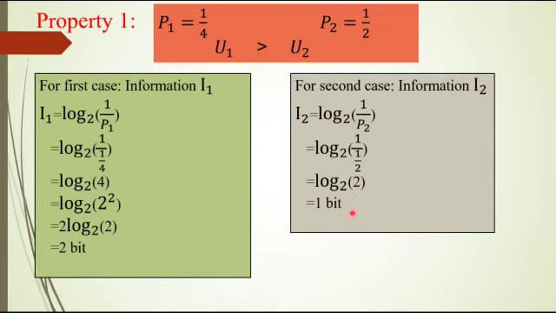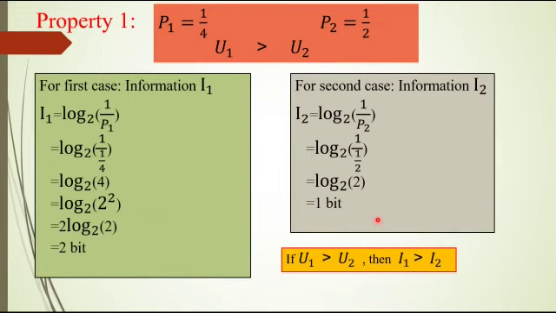Here you can clearly see that I1 is 2 bits and I2 is 1 bit. So I1 is greater than I2. If uncertainty is more, then information is more. So if U1 is greater than U2, then I1 is greater than I2 also.